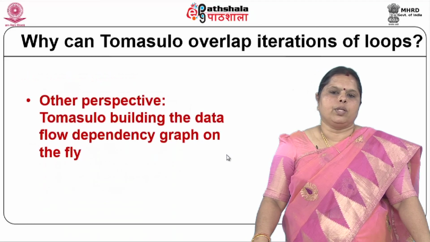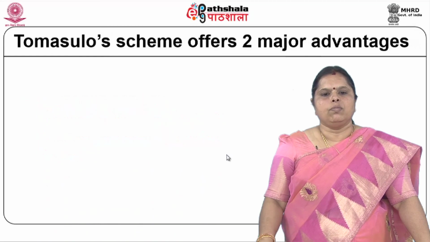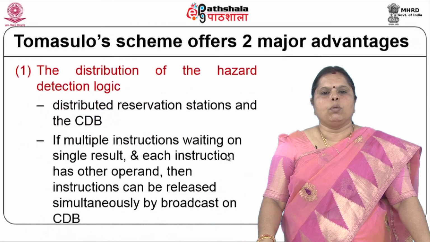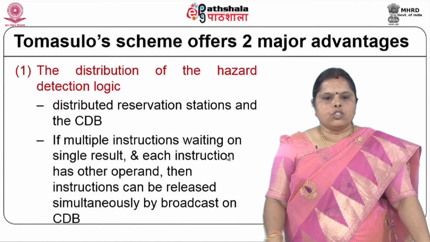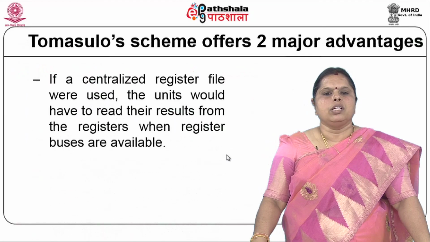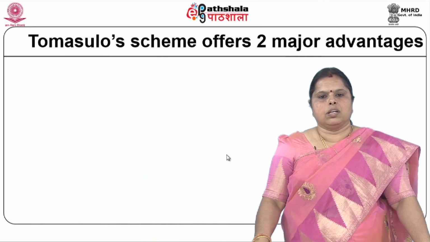Another perspective that you can look at here is the fact that Tomasulo is building the data flow dependency graph on the fly. Tomasulo's main advantages, as we already discussed, are the distribution of the hazard detection logic and the avoidance of WAR and WAW hazards.